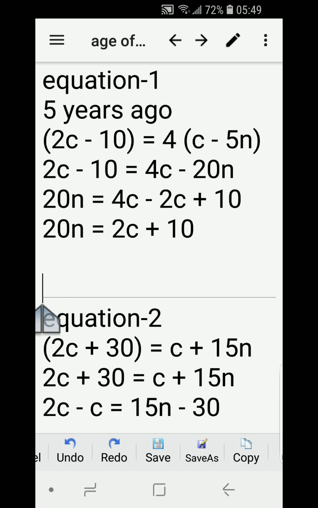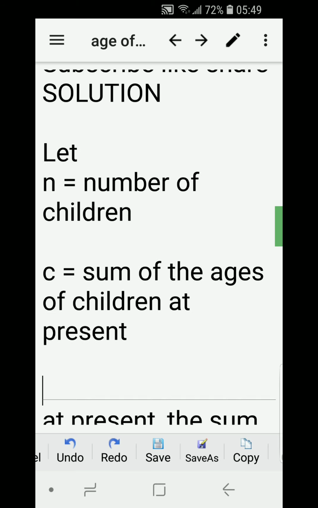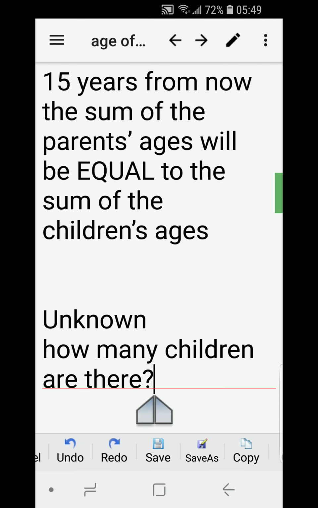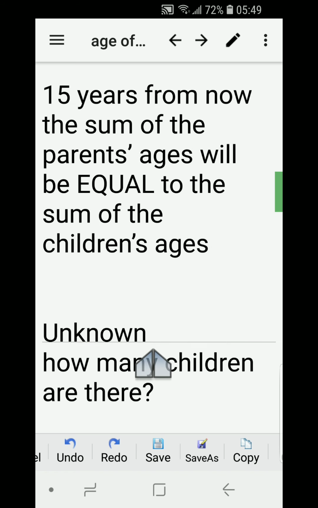And for equation 2, we're going to base the equation from the future relationship. 15 years from now, the sum of the parents' ages will be equal to the sum of the children's ages. So equal is the key word there.